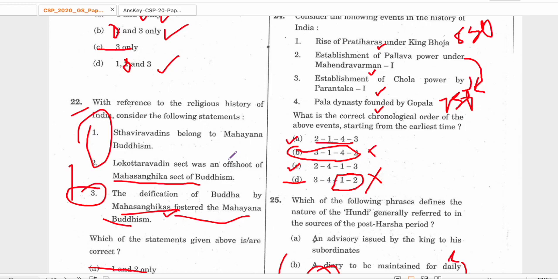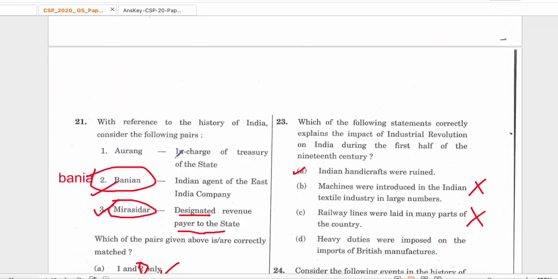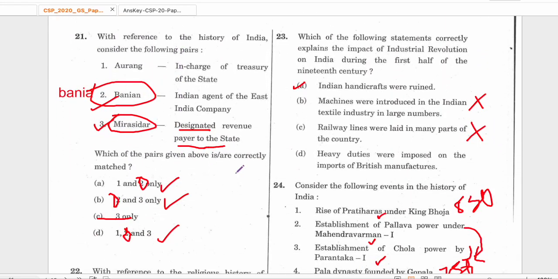The group that came out was these Sthavirwadins. So they were not related to Mahayana Buddhism. And from that Mahasangika itself, the Lokottarwadins sect came. So it was pure knowledge. This is a very, very tough question. You needed to know the core of Buddhism.